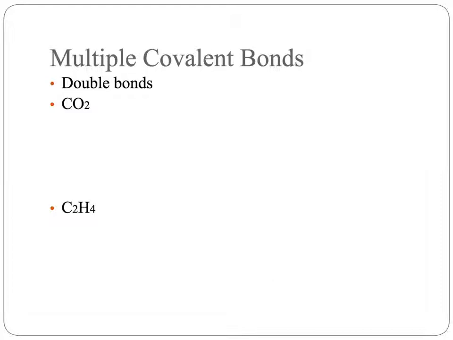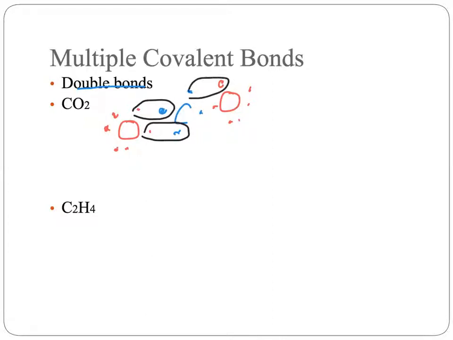Well, there are more than single bonds possible with covalent bonds. We also have double bonds, and this familiar carbon dioxide molecule is an example. If you think about how the Lewis dot structure goes, you've got carbon over here with its 4 valence electrons, and then you have oxygens that have, again, 6 valence electrons, 2 paired already, but 2 that are looking for a pair. And there are 2 of them. So if I just draw them this way, putting the already paired electrons to the outside and leaving our unpaired ones on the inside, you can see that we could pair these 2 together, and these 2 together, and these 2, and these 2.